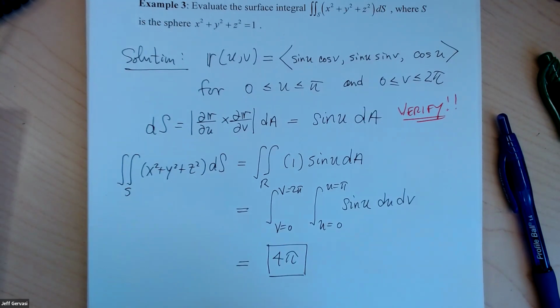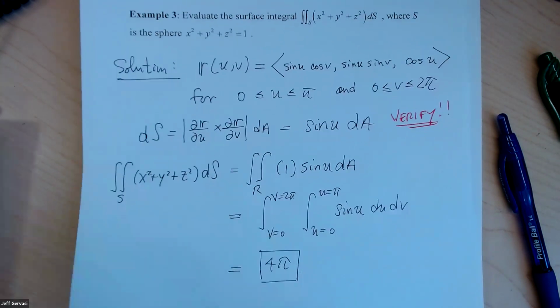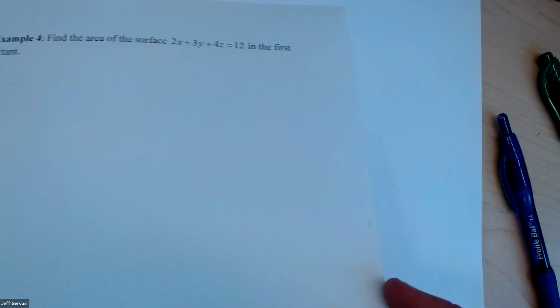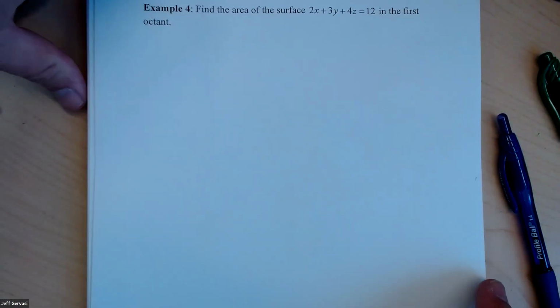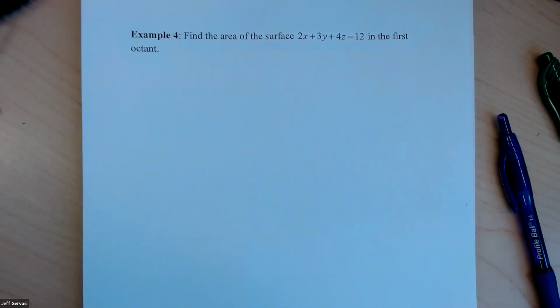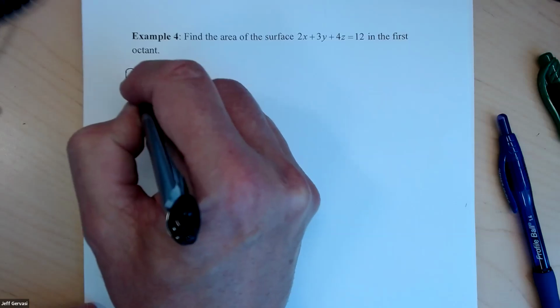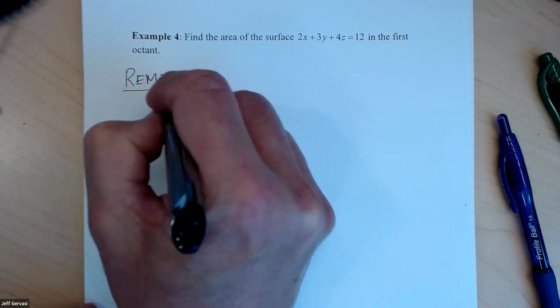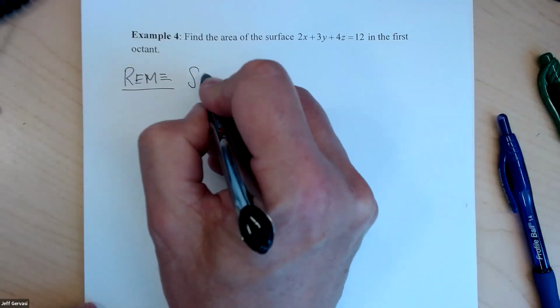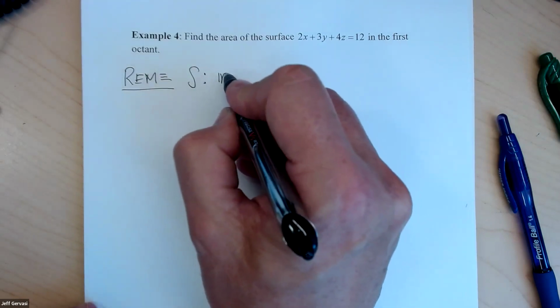Now, my next problem, finding the surface area of that part of the plane in the first octant. Before I do this, I'm going to make a remark here. You've seen that a surface can be given parametrically.